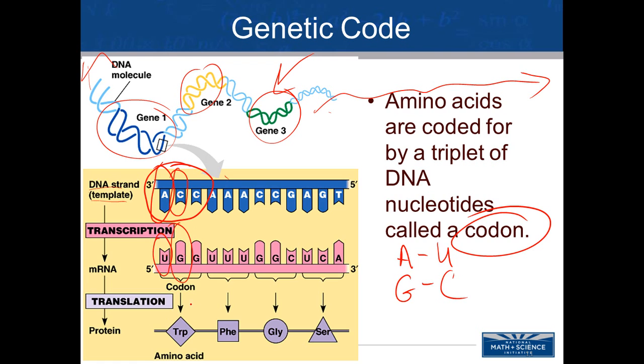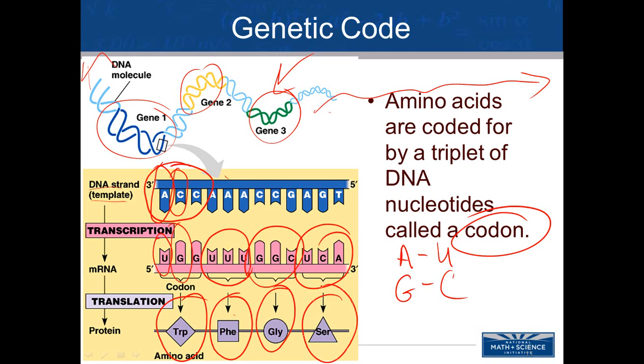And what it's saying here is, I want you to make a polypeptide chain that has the amino acid tryptophan. Okay? And over here, here's the messenger RNA codon that says UUU, and that means I want that polypeptide to have phenylalanine, and then GGC, and I want the amino acid glycine, and then UCA, the amino acid serine.